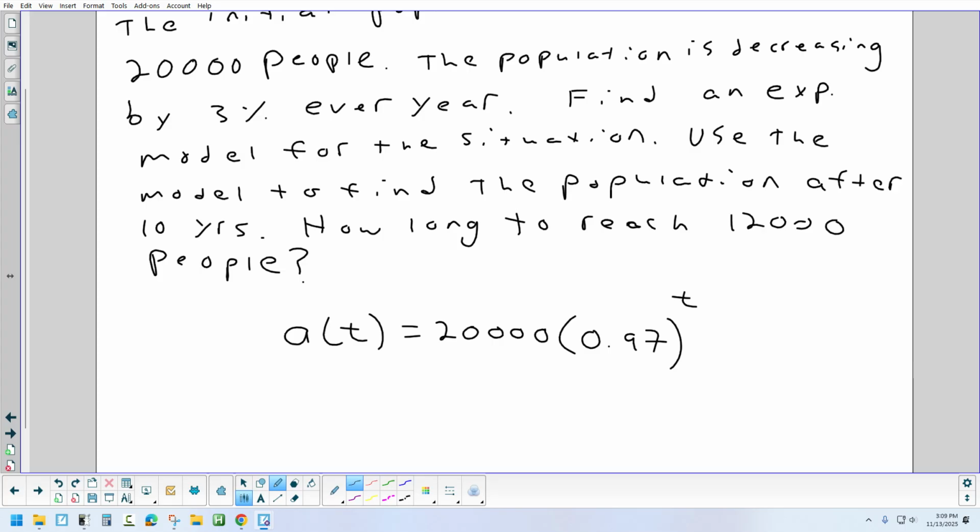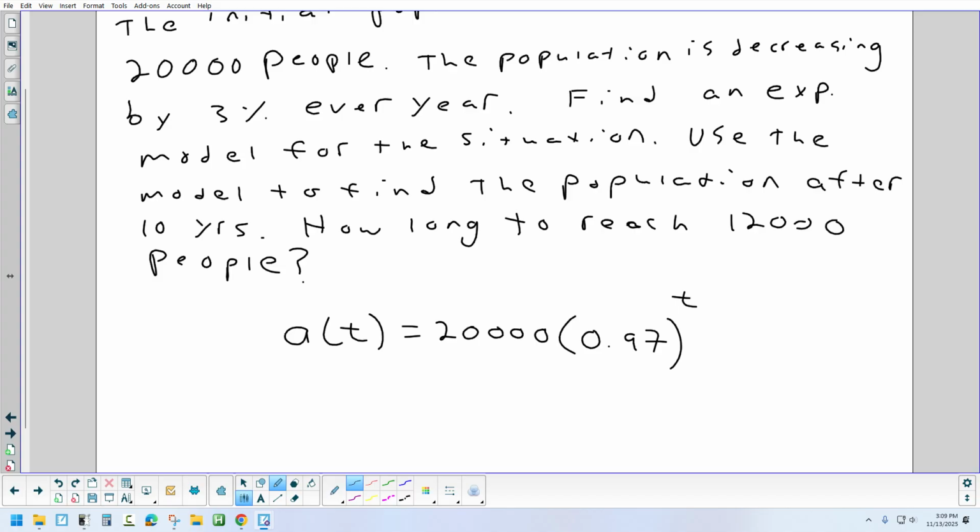Okay, next part, find the population after 10 years. Where would the 10 get plugged in? There's only 2 places. T. 10 years is a time. It's not an amount of people.